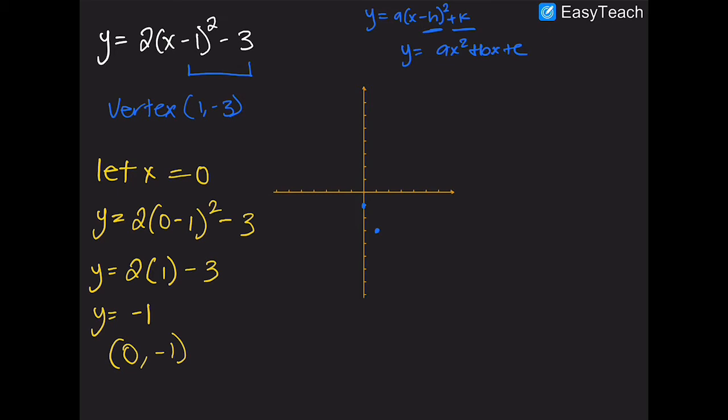Let's do that. Again, we're going to have y equal to 2(1 minus 1) squared minus 3. y will be equal to 2 times 0 minus 3. y will be equal to negative 3.